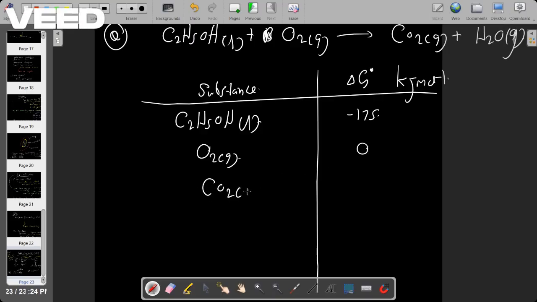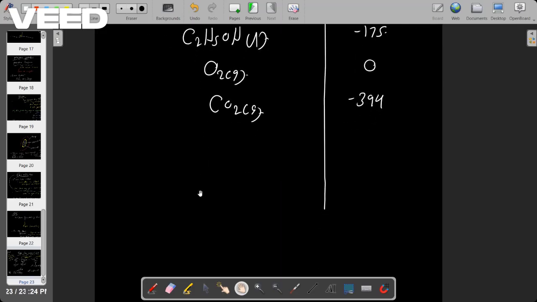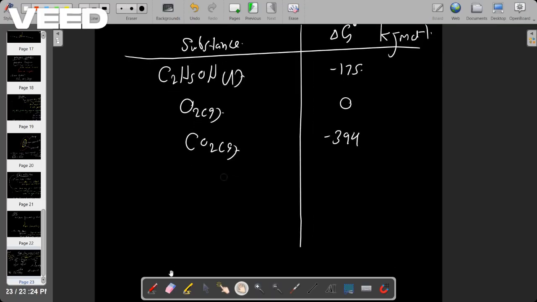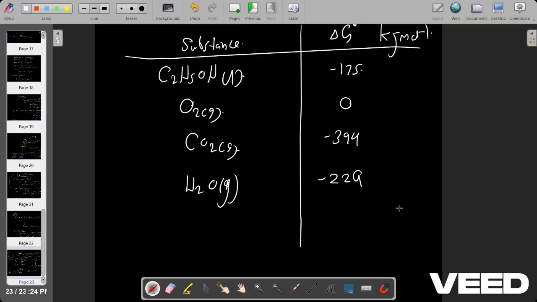CO2 gas, minus 394. Delta G for this compound. If you can remember how you found the entropy difference, the same way you can find it. So these are the two ways the questions are asked.